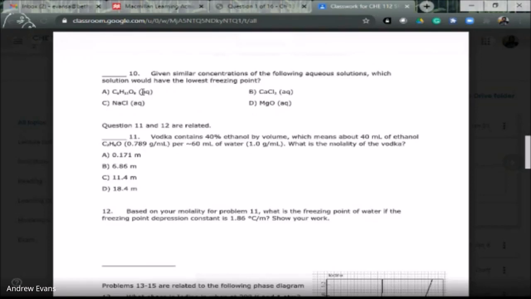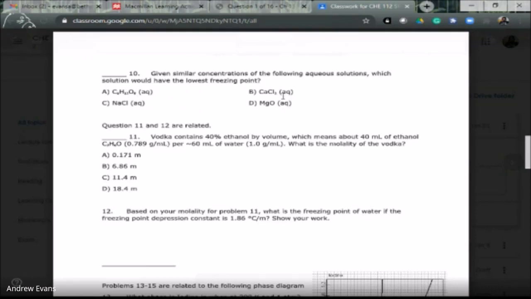We don't care about the charges. So NaCl, 1 and 1, would produce 2 particles. MgO, 2 and 2, but still 2 plus and 2 minus only produce 2 particles. CaCl2 produces 3 particles because you produce 1 calcium and 2 chlorides.